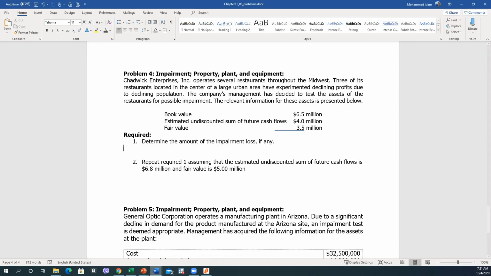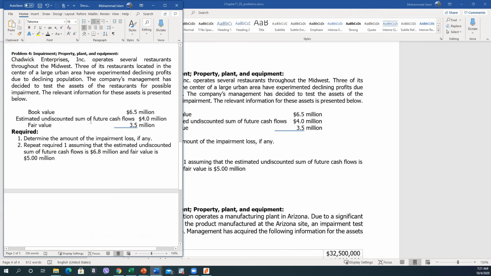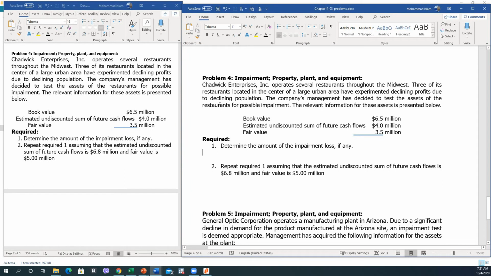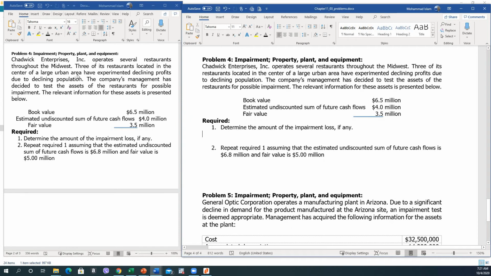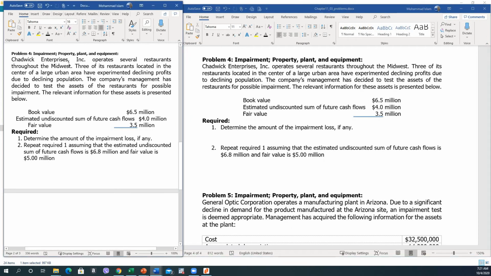Here is one problem. Let's solve this one. The company operates several restaurants throughout the Midwest. Three of its restaurants, located in the center of a large urban area, have experienced declining profits due to declining population.